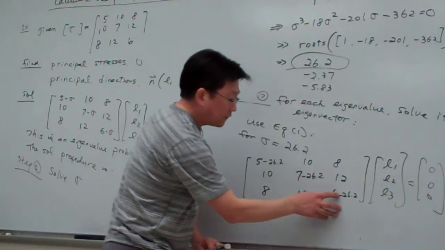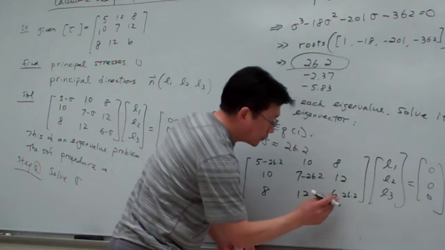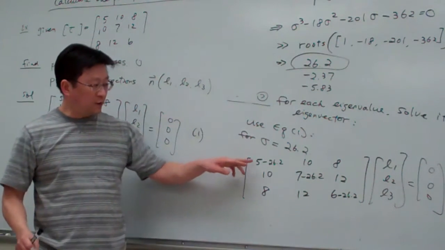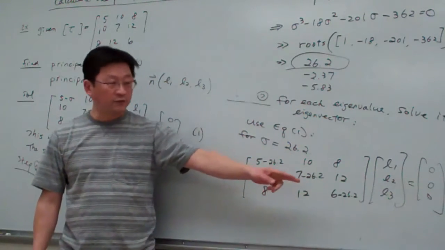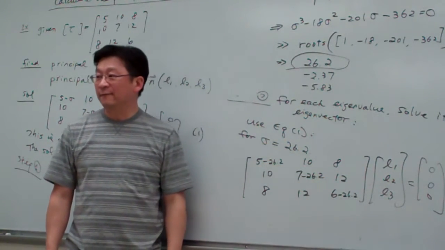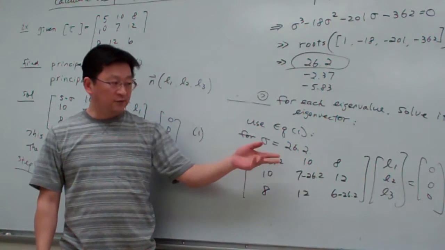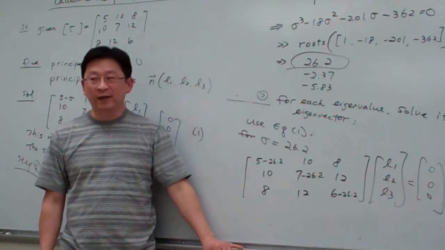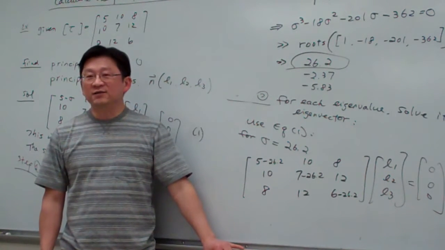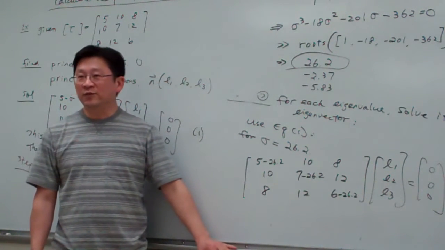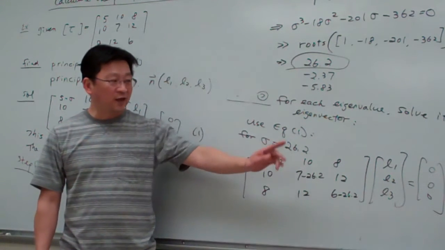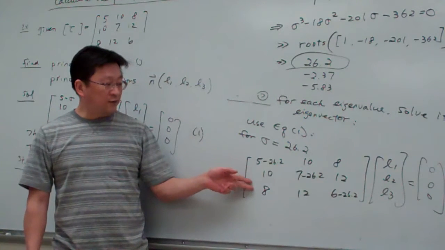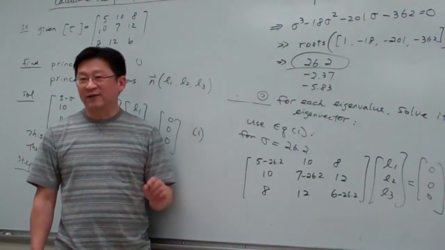One feature of eigenvalue problems is that in theory we have 3 equations and 3 unknowns, so we suppose we can solve for L1, L2, L3. But I can tell you, you wouldn't be able to solve for the numbers of L1, L2, L3, because among the 3 equations they are dependent.